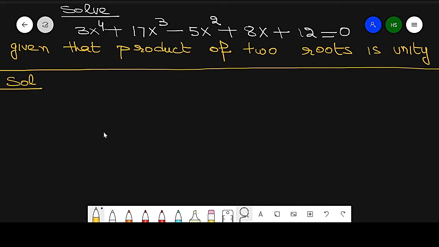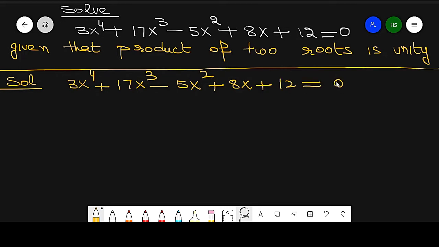So first, what is the given equation? 3x^4 + 17x^3 - 5x^2 + 8x + 12 = 0.